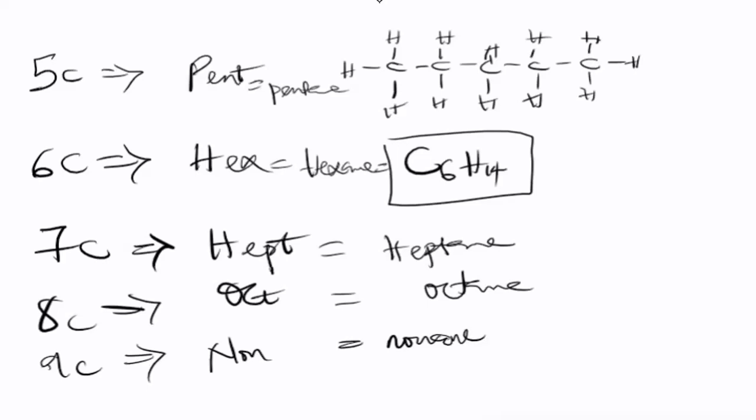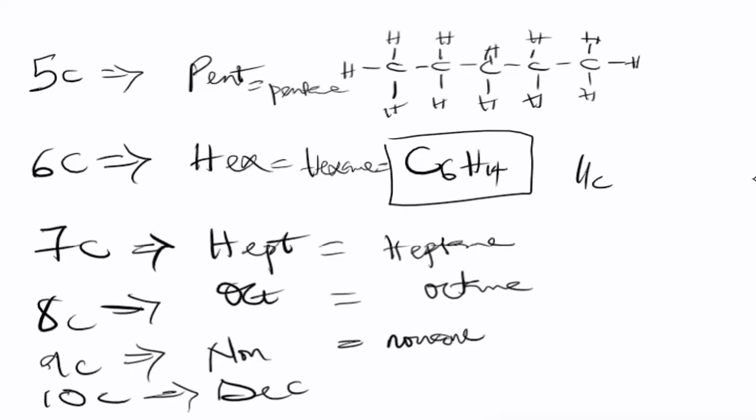And then for 10 carbons, I will have dec. So subsequently, I can have 11 carbons, which is undec.